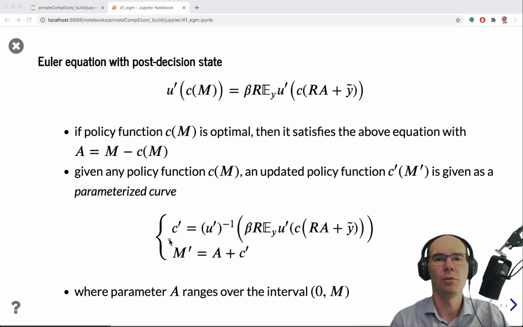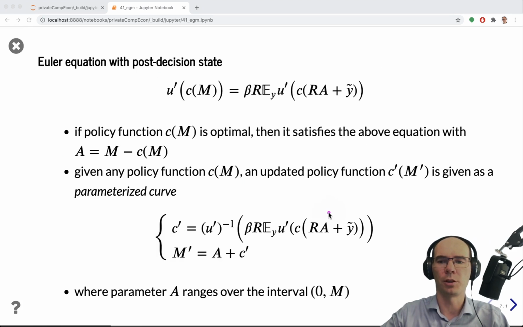We have a new updated policy function C prime of M prime, which is defined in a parameterized way. This is like a parameterized curve where A is a parameter, and we know that A ranges in the interval between 0 and M. For different values of A, we can now derive pairs C prime and M prime, and that defines a function.